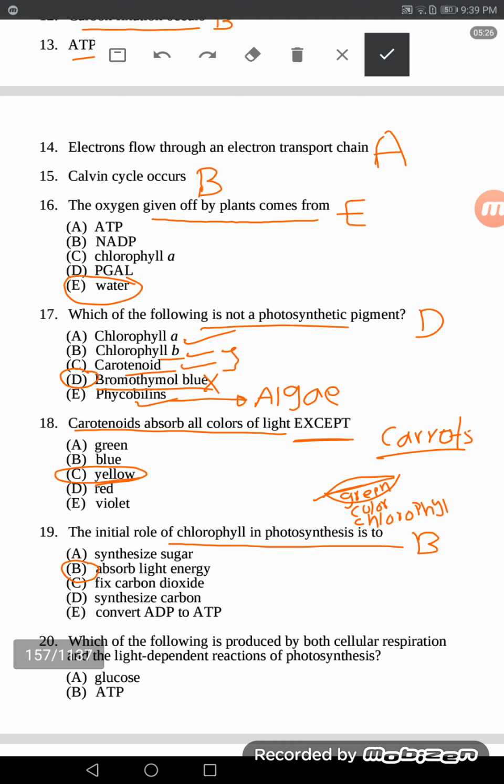Absorbs light energy, synthesizing sugar and fixed carbon dioxide. These are not the function, the role of the chlorophyll.